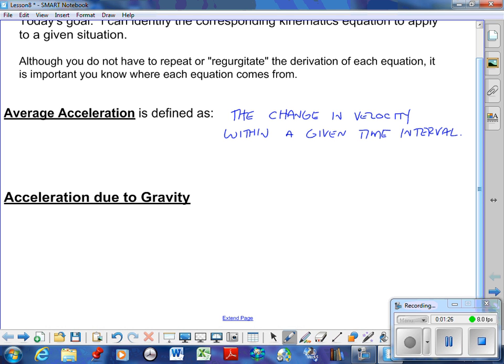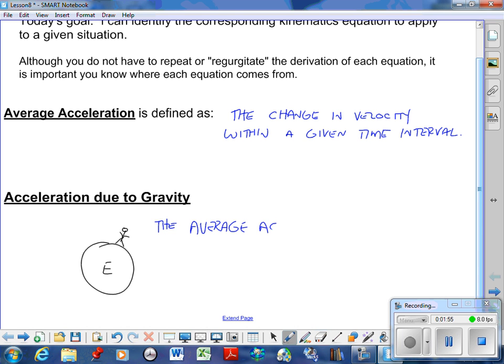Acceleration due to gravity, you talked about that in your grade 9 course. Just want to go back for a quick review, because we talk about this in much more detail in Unit 2. But on Earth, people are able to stay on Earth thanks to gravity. And the average acceleration, or the value that we use here on Earth, is 9.81 meters per second squared.